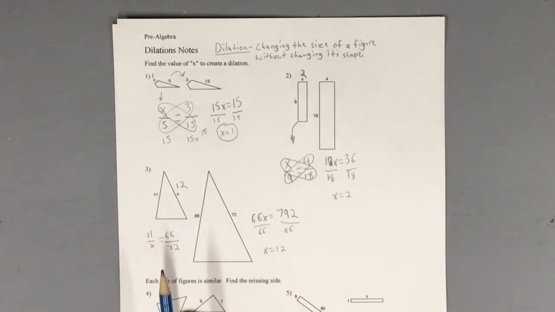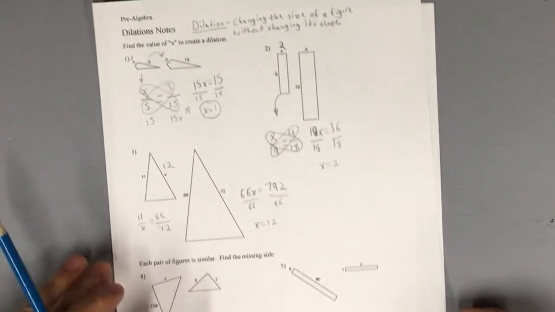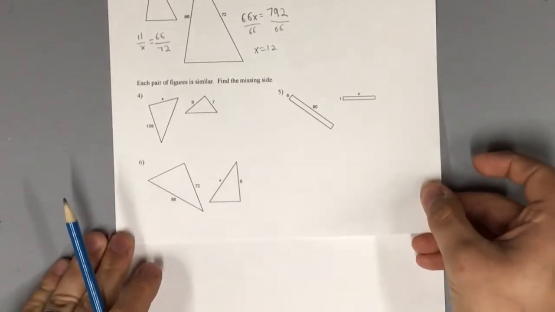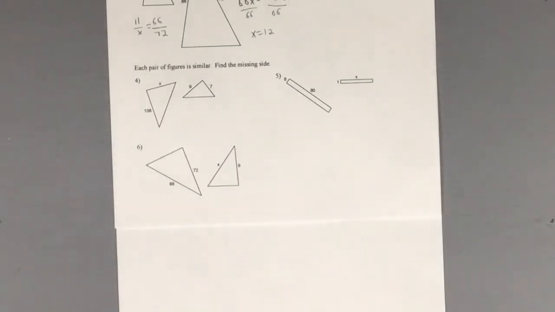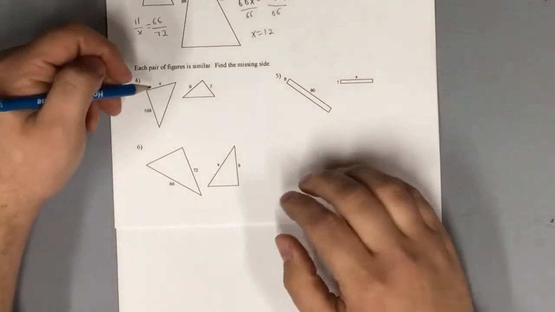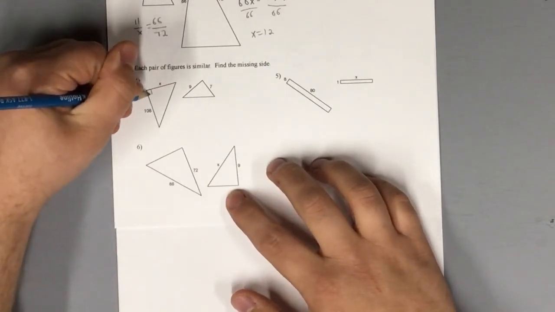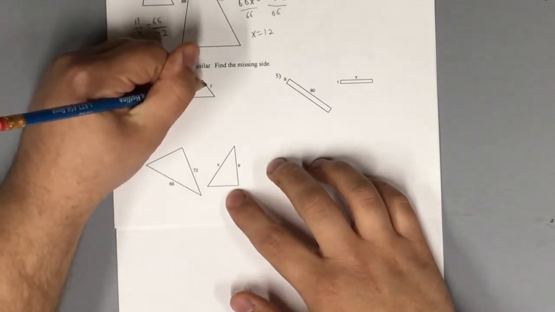We can do the same thing with dilations even if the shapes aren't set up really nicely. So that would be something like 4, 5, and 6 here, where they're the same shapes, but they're not sitting nicely next to each other for us to see whether they're exactly the same. So for number 4, the way that I would know which is which is if I make a little right angle mark here, I can make another right angle mark here.